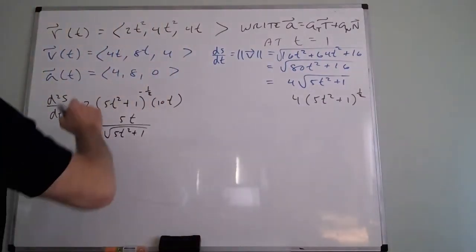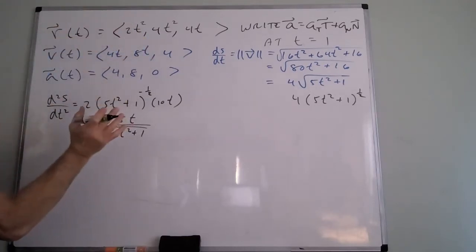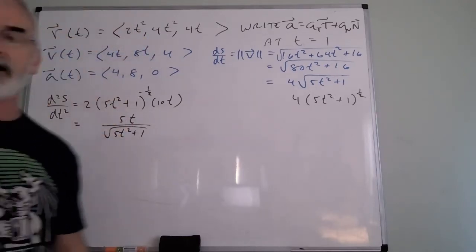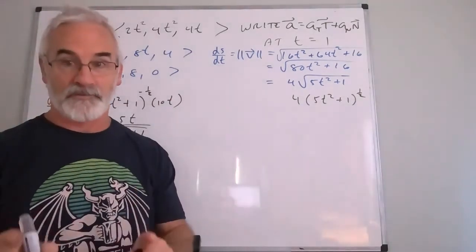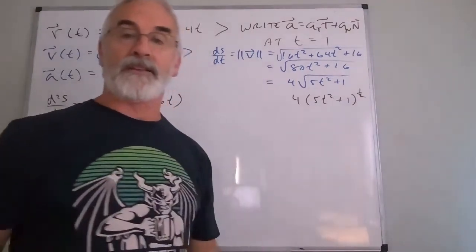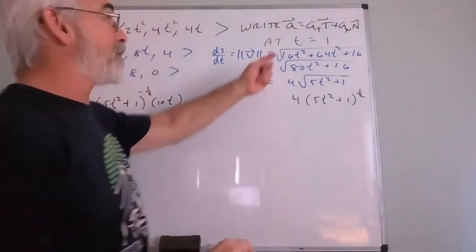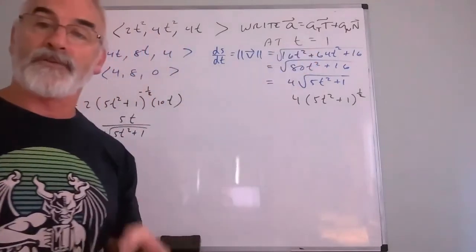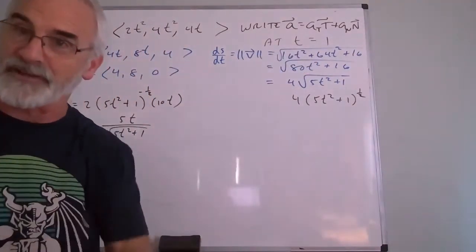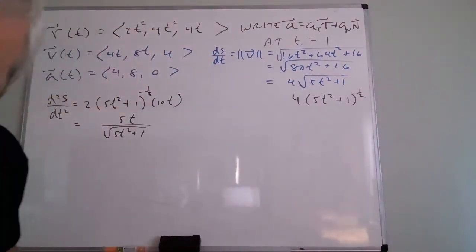But before we do, at this point in the problem there are no more derivatives I have to take. This is important: at this point I can evaluate everything I need at 1. Never evaluate prematurely, because if you evaluate early and you still have derivatives to do, you're going to get zeros, and you don't want zeros when they're not supposed to be there.